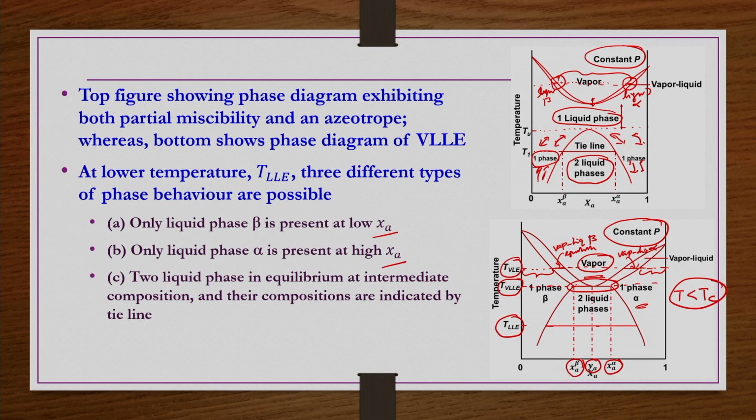Okay. This is all at lower temperature TLLE. Lower in the sense, how much lower we cannot say, but lower than the upper consolute temperature, relative to the upper consolute temperature, less than the upper consolute temperature at a certain temperature, if you see that TLLE that we are indicating.